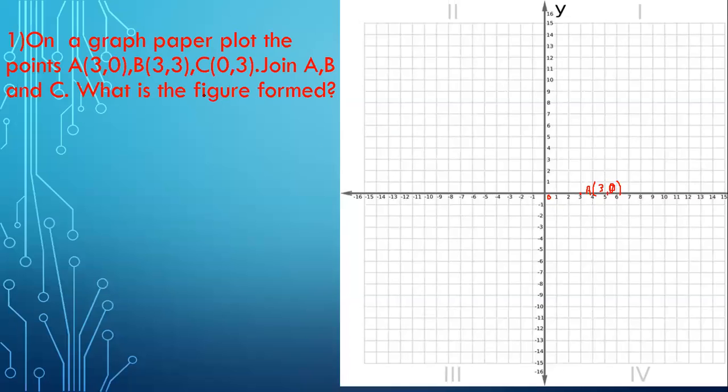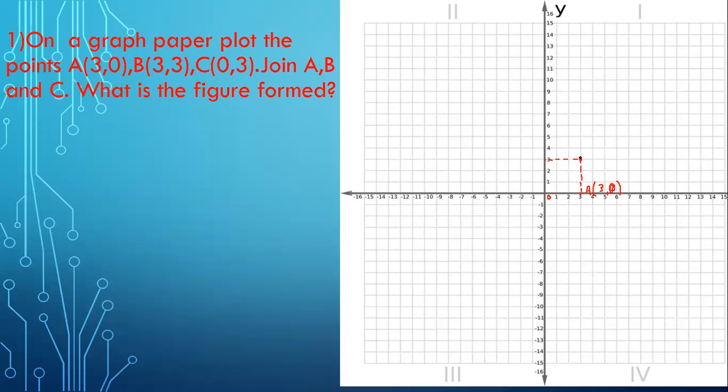Okay. The next point is point B and the coordinates are 3, comma 3. So on the x-axis, where is 3? Here. And on the y-axis, you can see 3 here. Start drawing the line from 3 parallel to the y-axis, and then from 3 parallel to the x-axis.